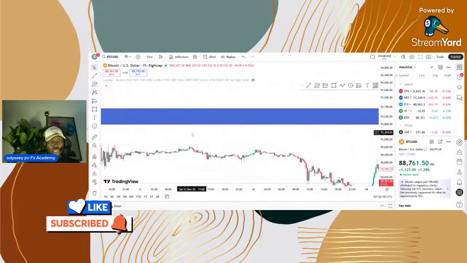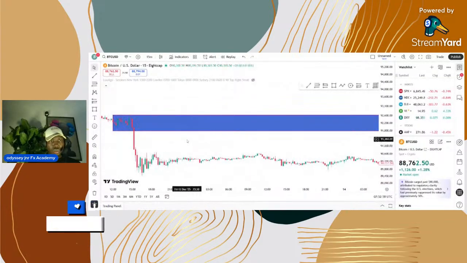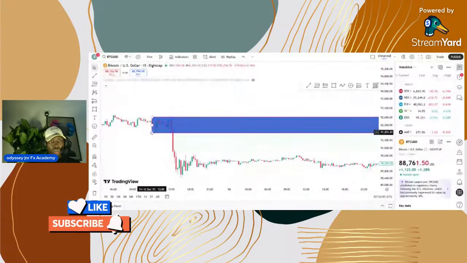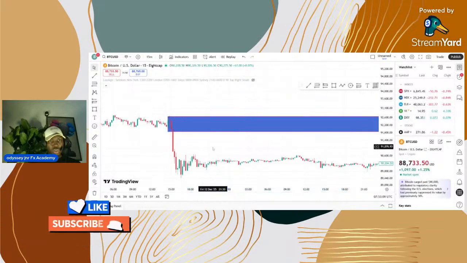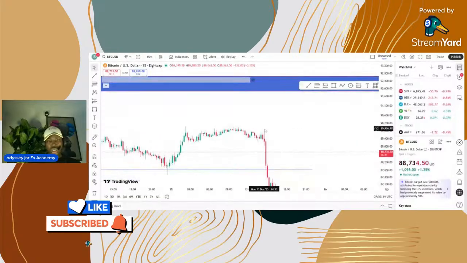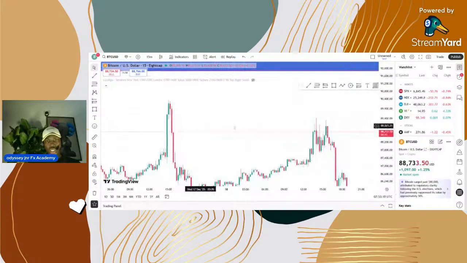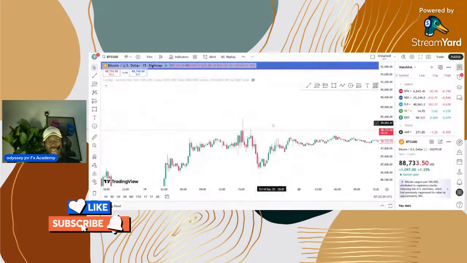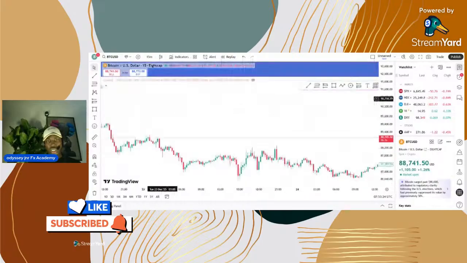So we have this order block. Let's fill it up like this. So the market is still coming towards this side.